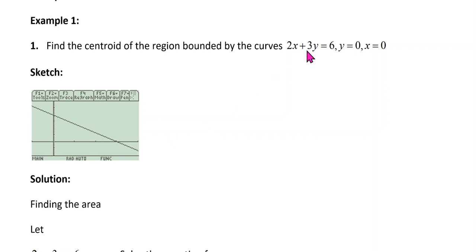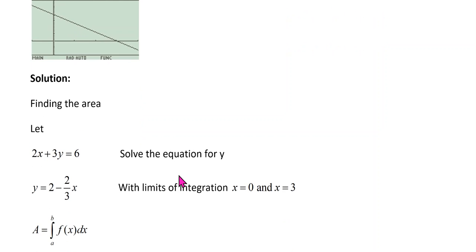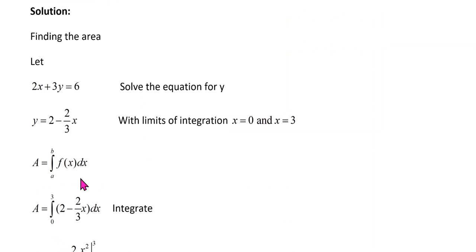So this point is the x-intercept of this line. When y is 0, x equals 3. So at this point we have a 3 here. Our x interval is going to go from 0 to 3. So when we're trying to find this area, we will integrate from 0 to 3. So a is 0, b is 3, and f of x is 2 minus 2/3 x.